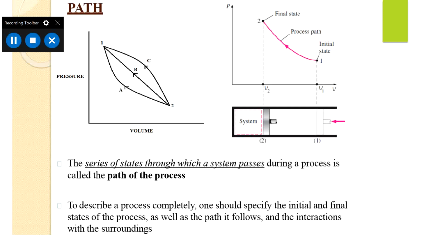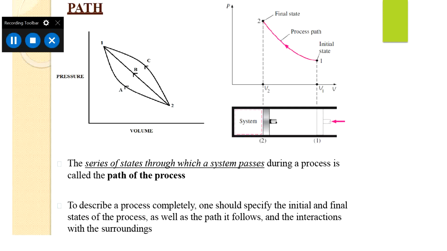So this is the initial state and this is the final state, and this change occurred through this path. That is known as the path of the process, not of the system.